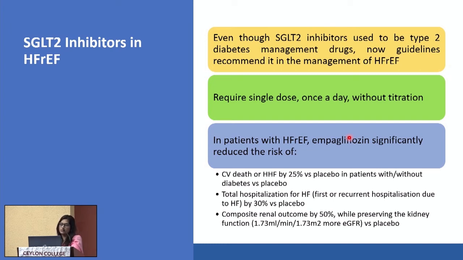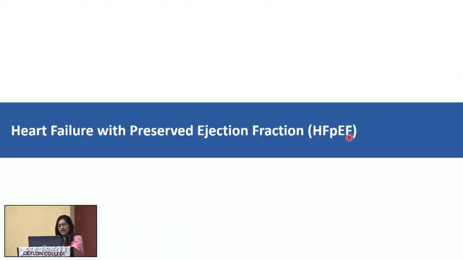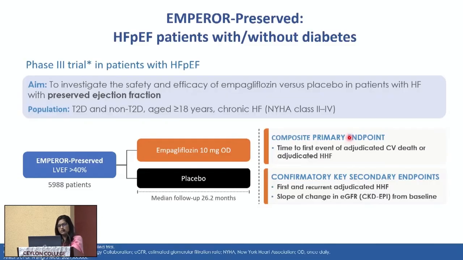It also reduces the total hospitalization for heart failure, and reduces the composite renal outcome by 50%. And when it comes to heart failure with preserved ejection fraction, we do have trial evidence to show that it is beneficial.